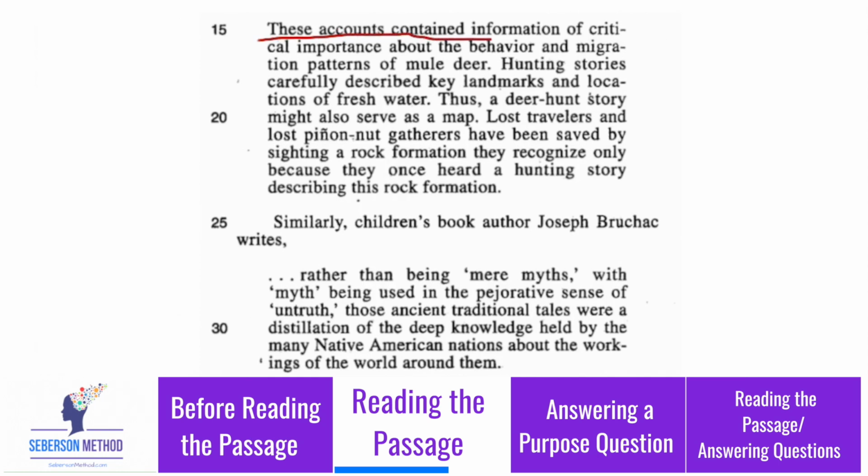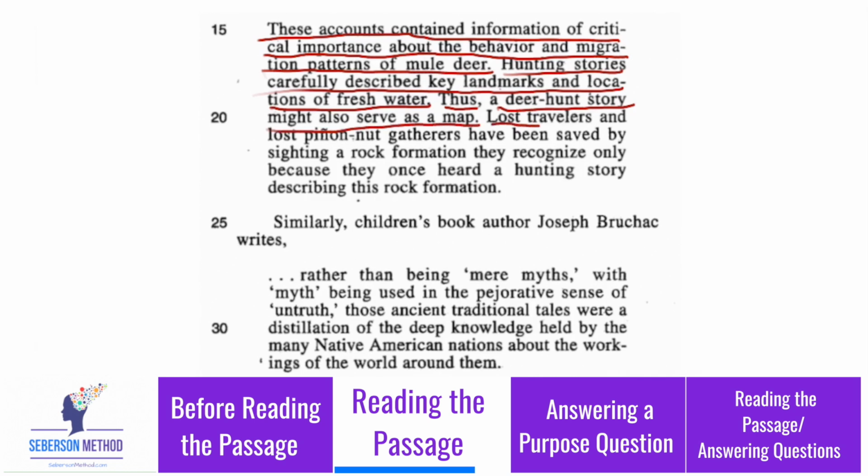These accounts contained information of critical importance about the behavior and migration patterns of mule deer. Hunting stories carefully described key landmarks and locations of fresh water. Thus, a deer hunt story might also serve as a map. Lost travelers and lost piñon nut gatherers have been saved by citing a rock formation they recognize only because they once heard a hunting story describing this rock formation.